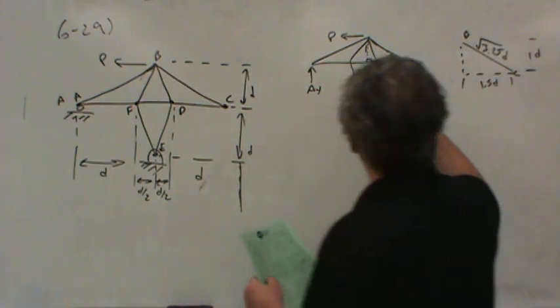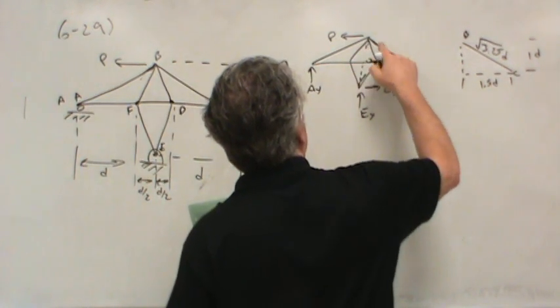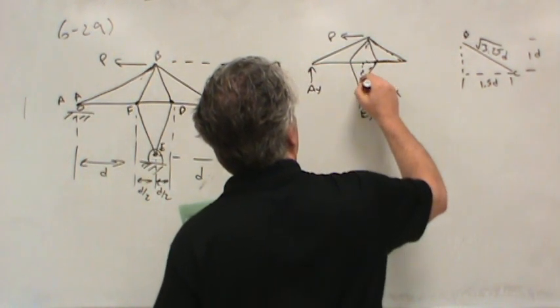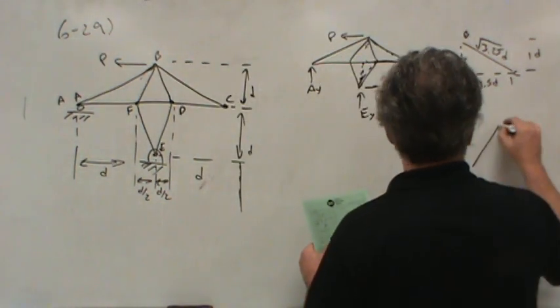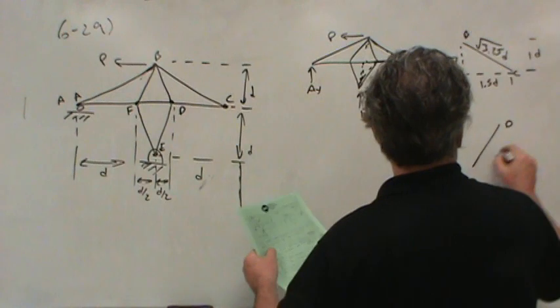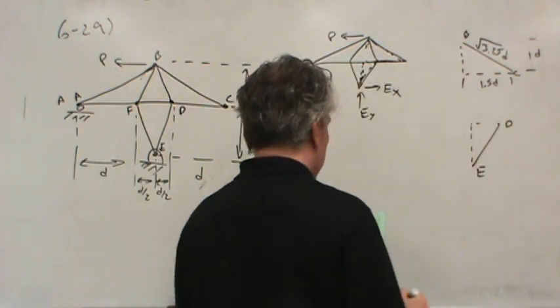On the other hand, if we consider this triangle, let's erase the other one, we don't need it anymore. So the triangle that deals with points D and E, well, what do we know?